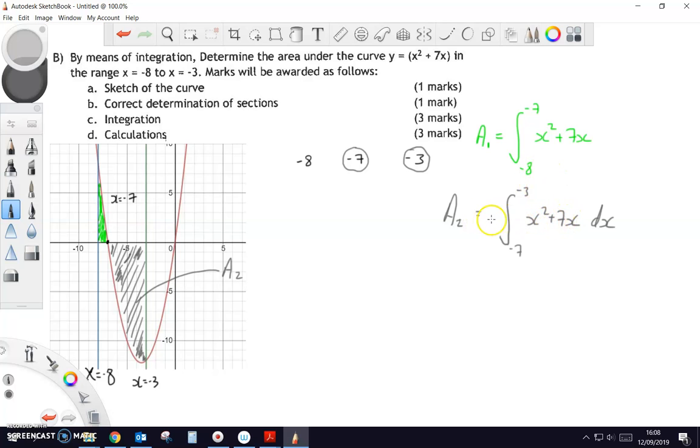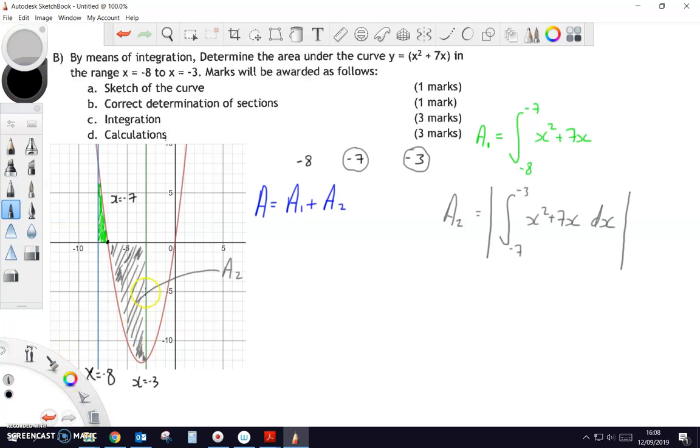Now this area 2 could turn out to be negative, so in that case we'll turn our negative answer into a positive for adding the two areas together. Our total area that we're interested in will be equal to area 1 plus area 2.